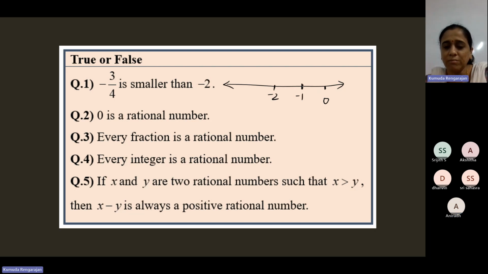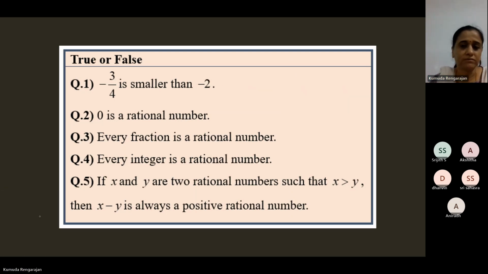This is minus 1, which is minus 4 by 4. So this is minus 3 by 4. Correct? Minus 1 is minus 4 by 4. So where will you mark minus 3 by 4? See, this is 0 by 4. This is minus 1 by 4.